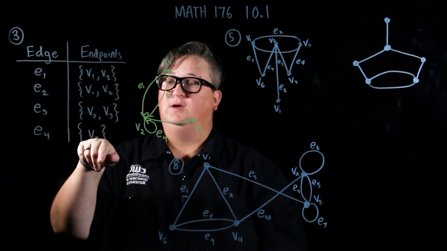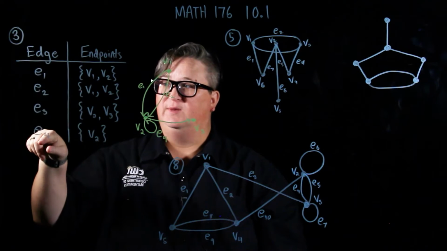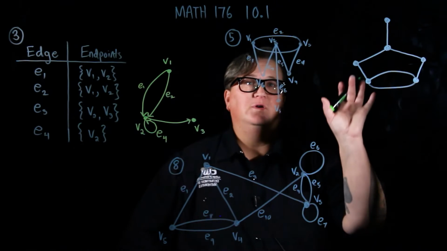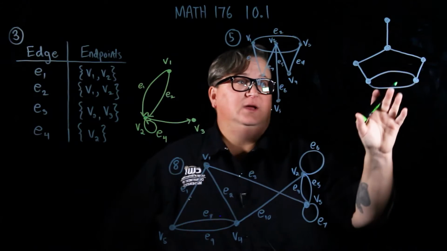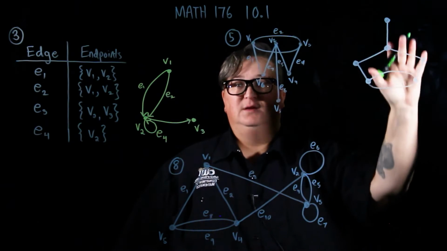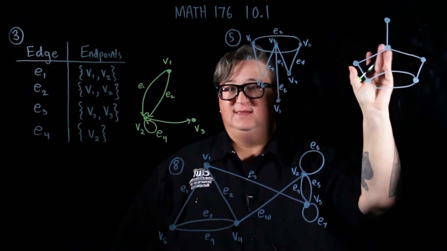That's all we need to do. We figure out how many vertices we have and then how many edges we have, and we connect them based on this graph. All right, for number 5, our job is to take this completed graph and relabel everything to show that it's actually the same as this graph.